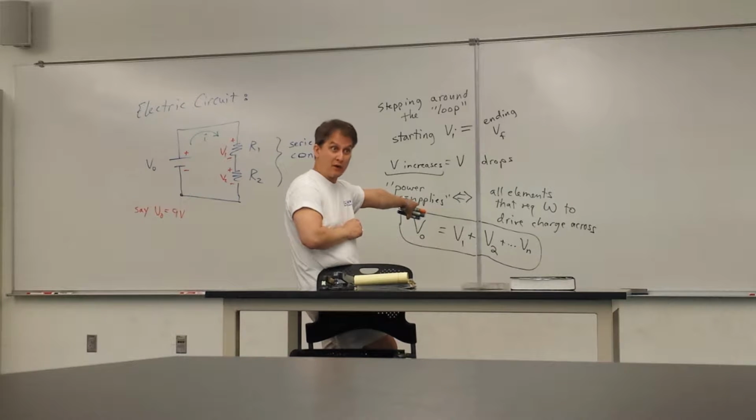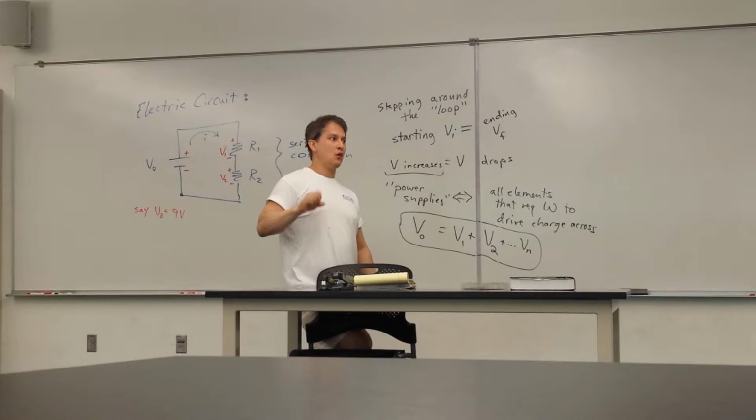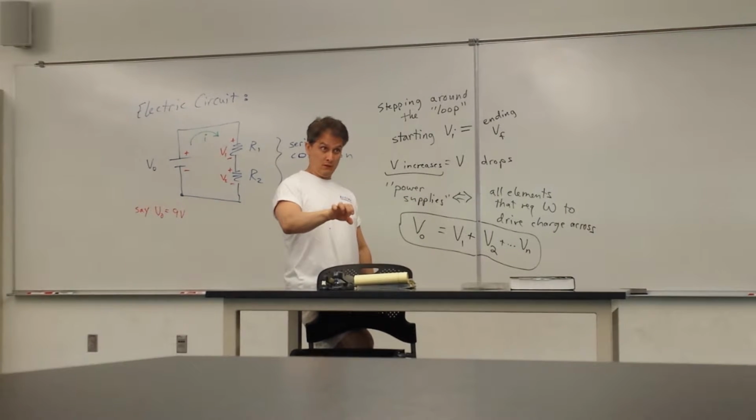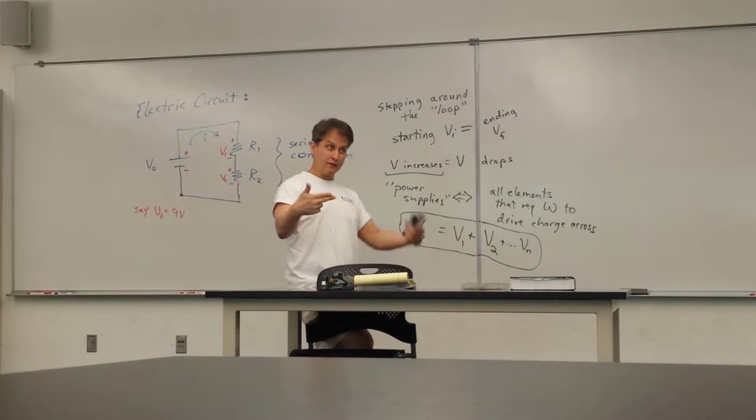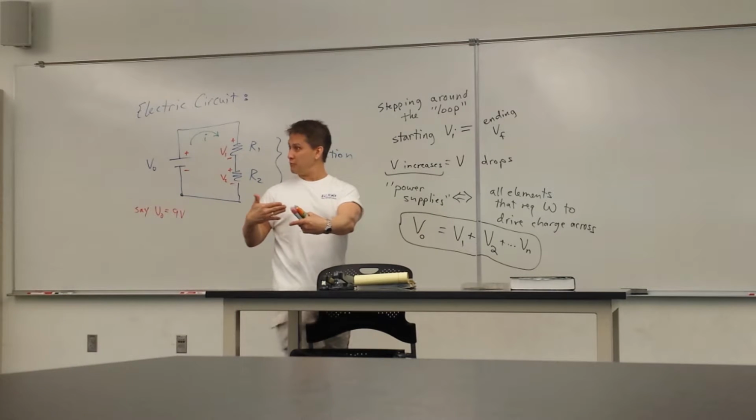Inductors require work to drive current across because energy has to be overcome against magnetic fields produced when charge immediately starts flowing around a coil. You generate a magnetic field, that magnetic field opposes the current that's generated, and you have, again, an energy requirement to push it across.